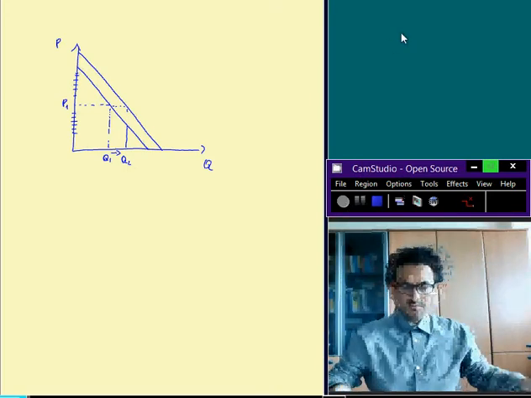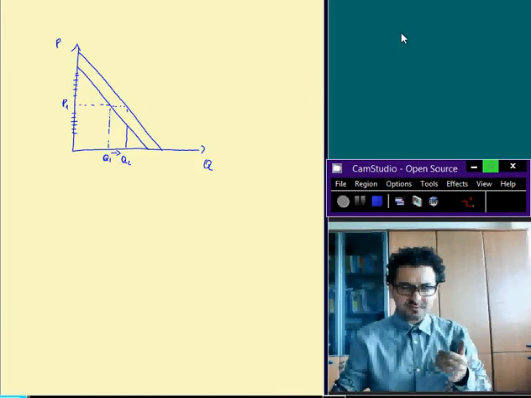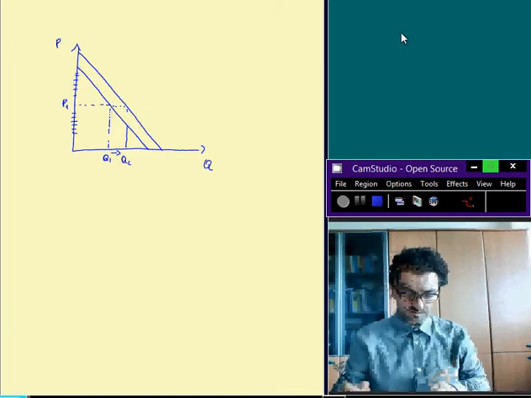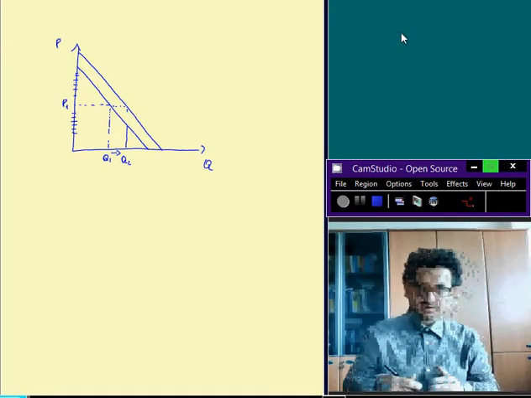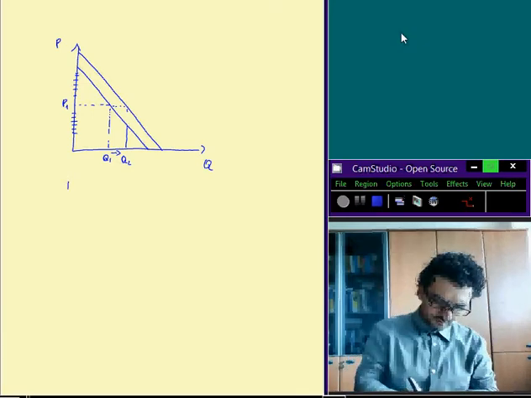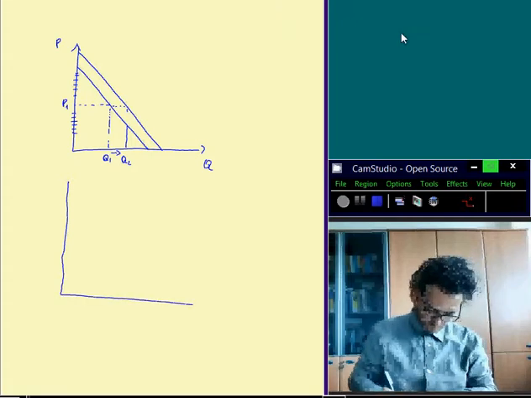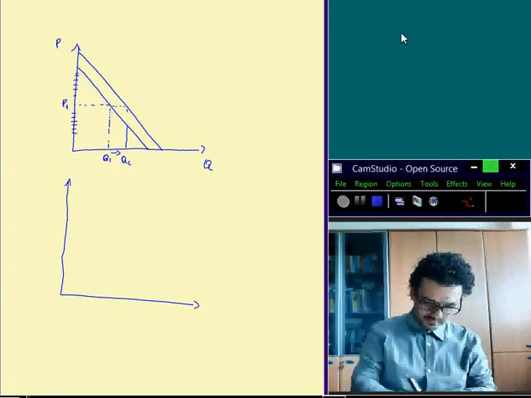If we consider a decrease in the price of a substitute good, for instance a decrease in the price of tea, what we observe in the demand for coffee, we do again the picture. We have the original demand for coffee.